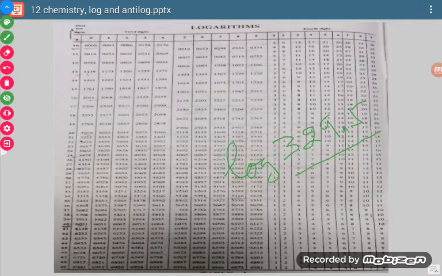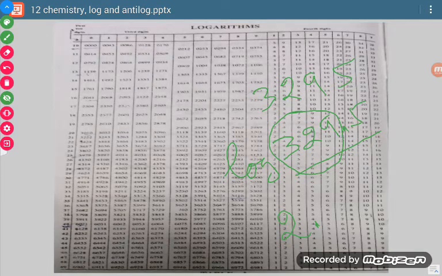Okay, then first of all what I will do, first I will calculate characteristic. Now see, there are three digits before decimal, so 3 minus 1 is equal to 2. So our characteristic value of the log is 2. Now I have removed the decimal and now I am getting 3295, this number.